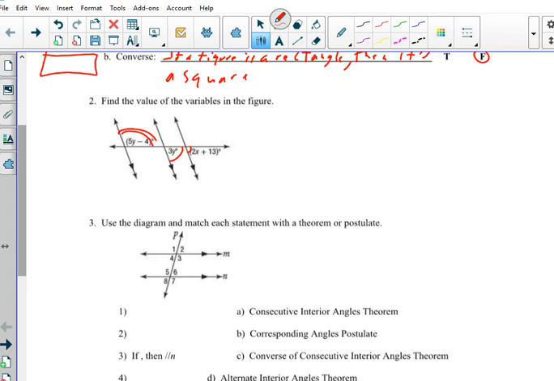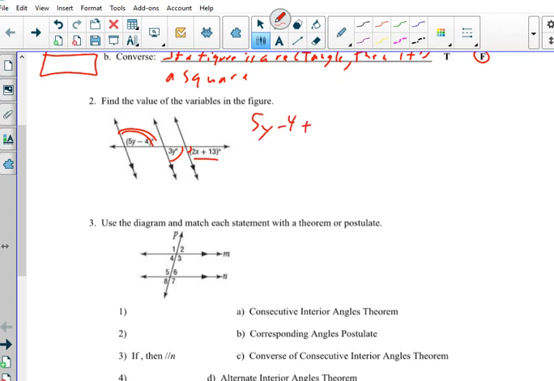So the obtuse angle is not going to be the same as the acute angle. And this one over here has an x, the other ones have a y. So we need to do something with the 3y and the 5y minus 4. But remember, they're not equal to each other. One's acute, one's obtuse. So they're not going to be equal to each other, but they are going to be supplementary.